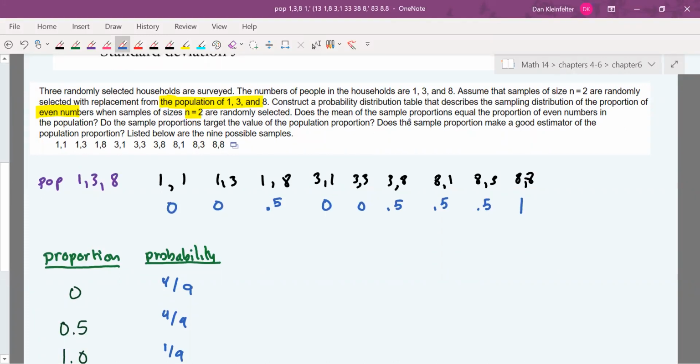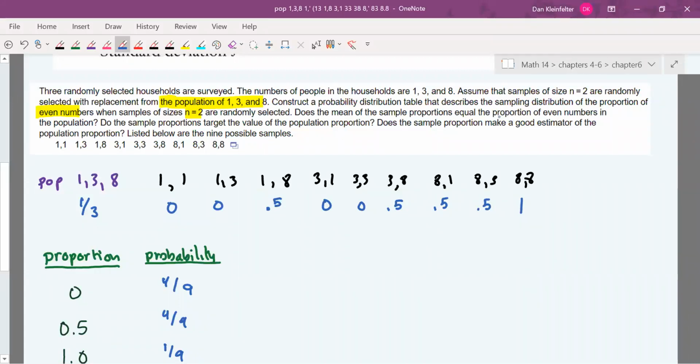Does the mean of the sample proportions equal the proportion of even numbers in the population? So the proportion of even numbers in the population is 1/3, right? The population is 1/3 even numbers. It says, does the mean of the sample proportions equal that mean?